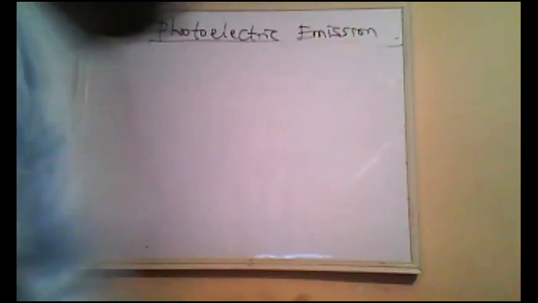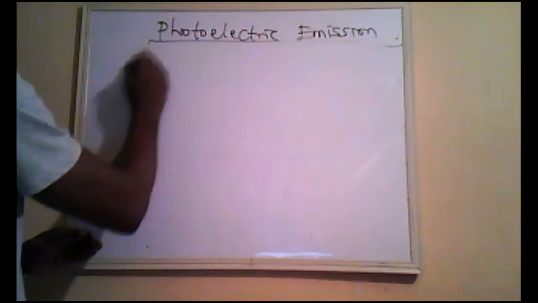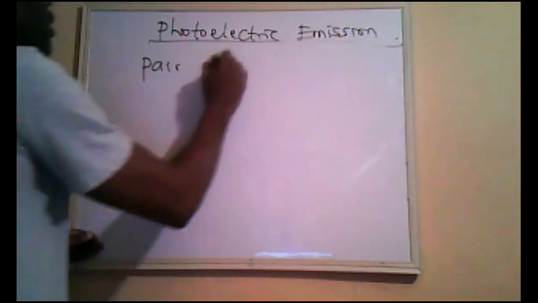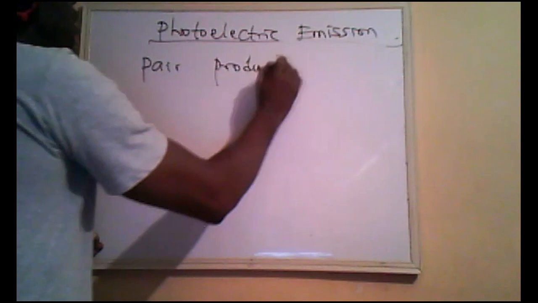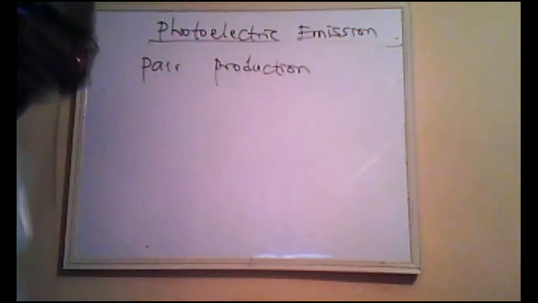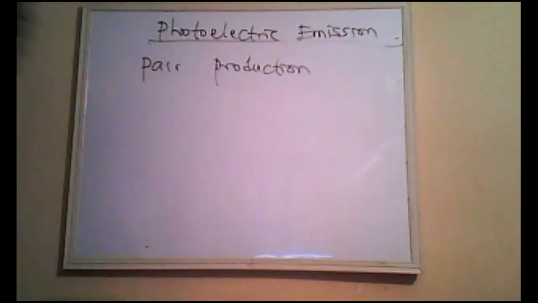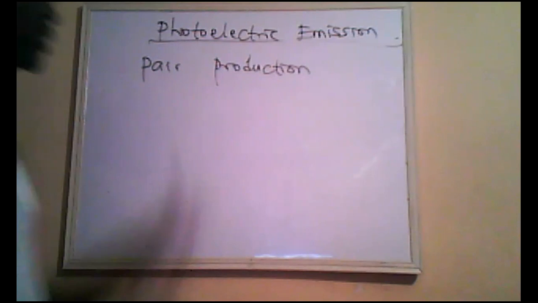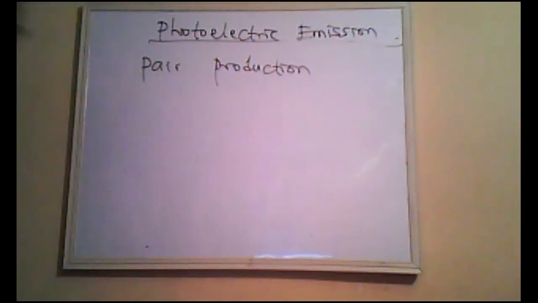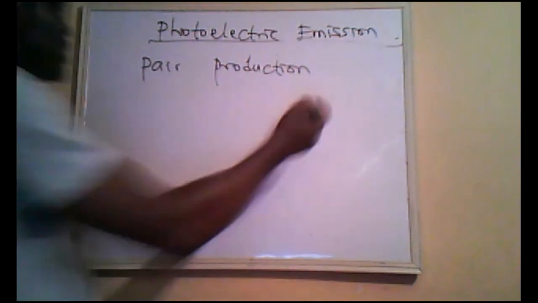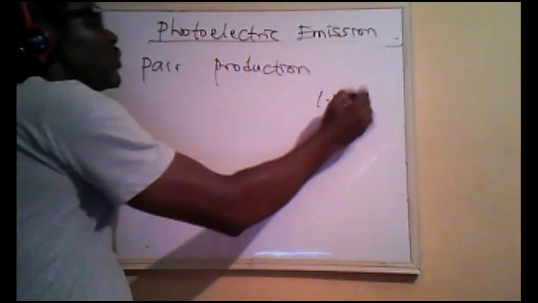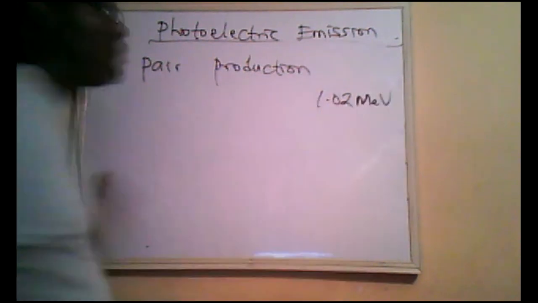So for pair production, we just need to know about it for completeness' sake. The threshold for pair production is 1.02 mega electron volts.